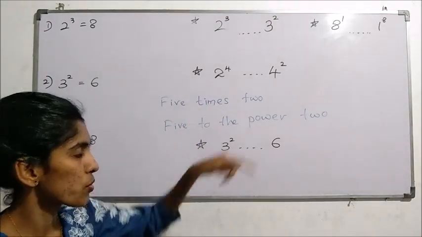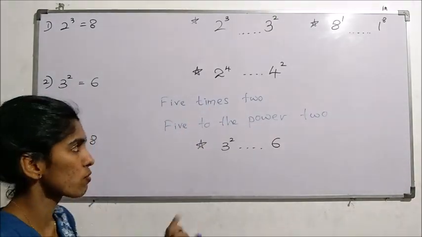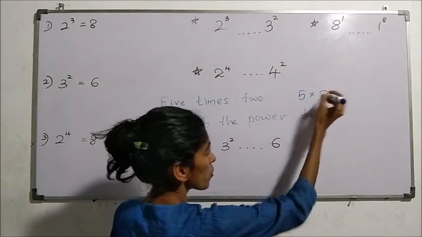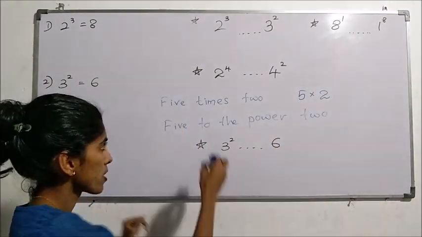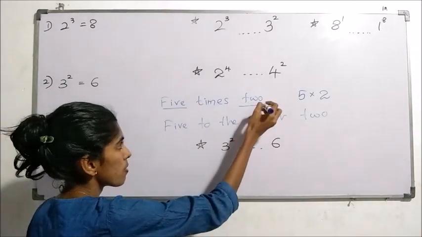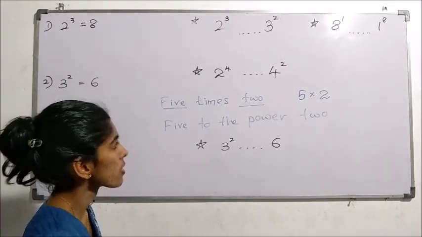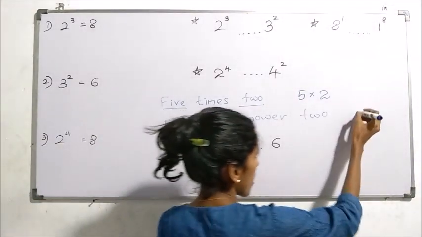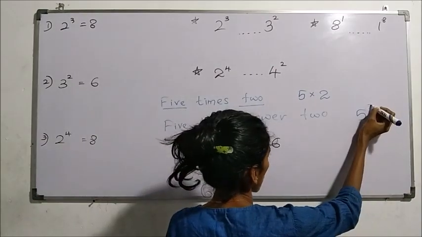5 times 2 means, as a multiplication, we should write this: 5 times 2, just a multiplication, first number by the second number. Then 5 to the power 2 gives us another meaning.